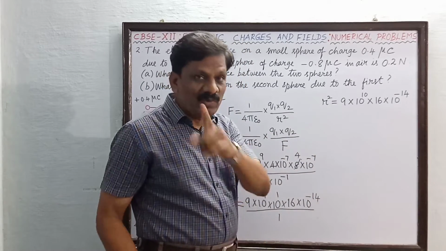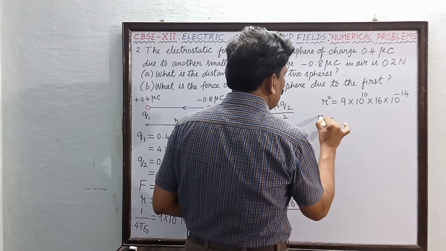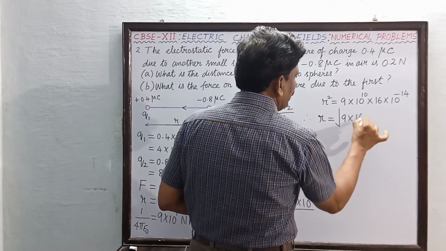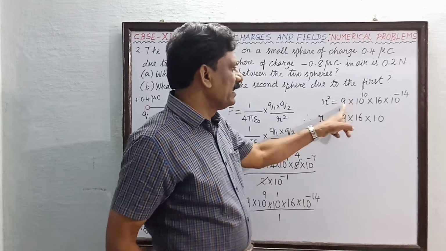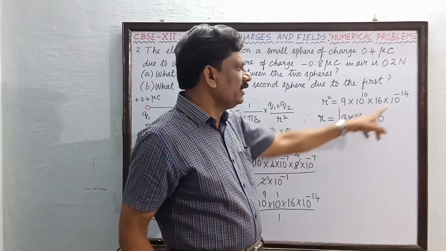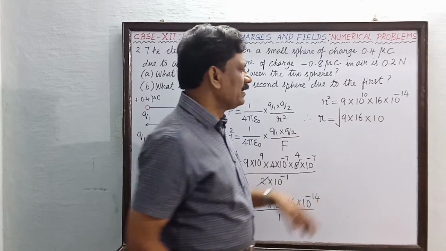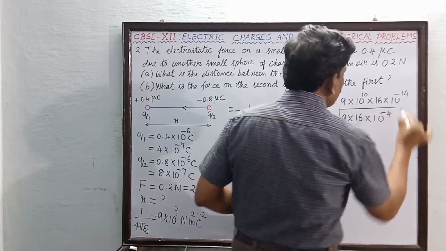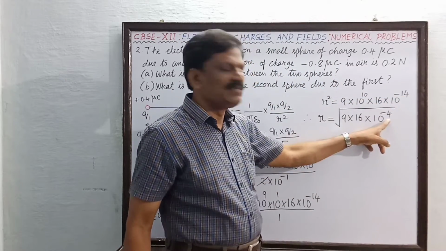So if you take the square root, it is easier. Therefore, r is equal to square root of 9 into 16 into 10 to the power of, this is minus 14, this is plus 10. So the remaining power will become minus 4. Is it right? 10 minus 14 is minus 4.